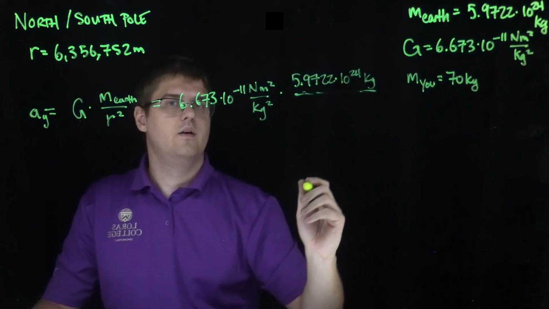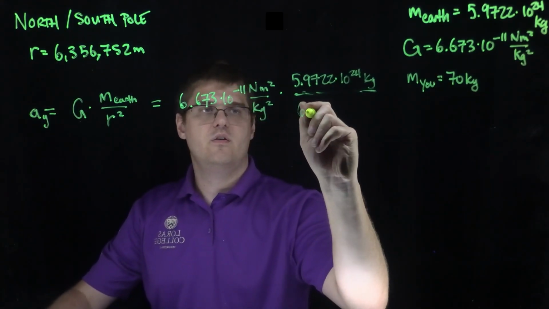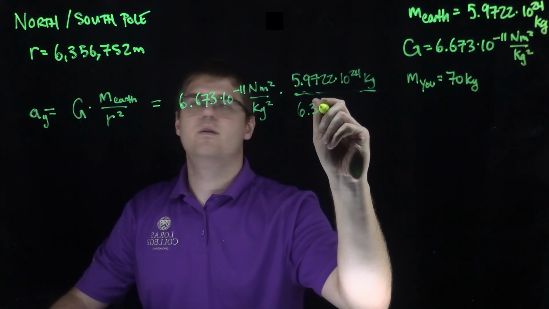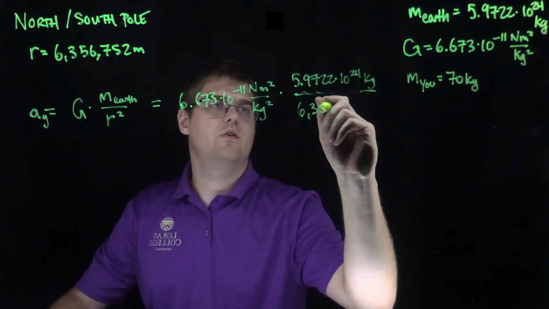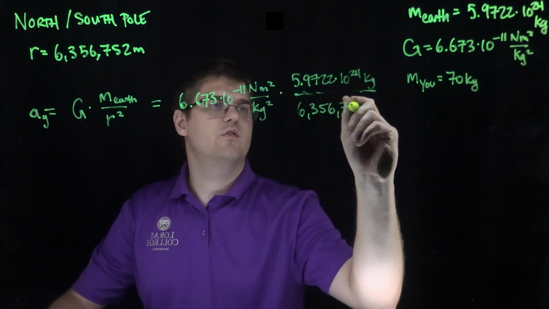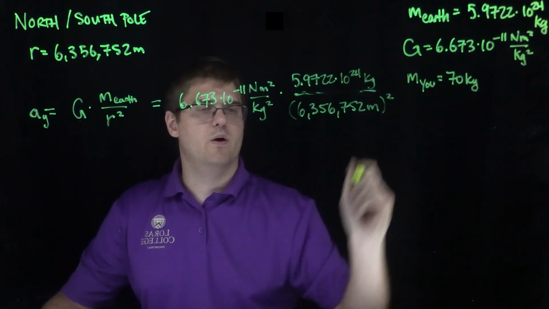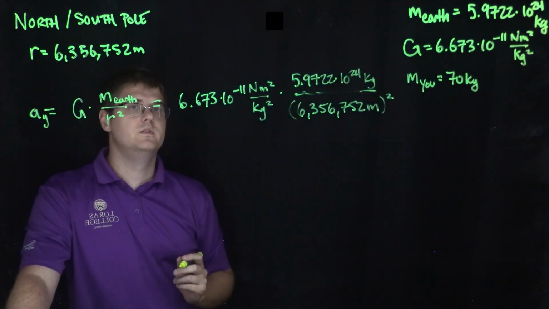Divided by our radius squared, which our radius is right here, 6,356,752 meters. That whole thing is squared. Woo!